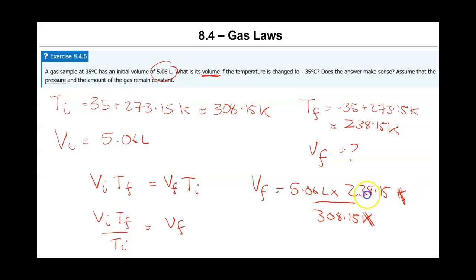The Kelvin cancel out, leaving liters, which are appropriate units for volume. Rounding to 3 significant figures, we get 3.91 liters. So as the temperature went down, the volume also went down, which is consistent with Charles's law. So our answer makes sense.